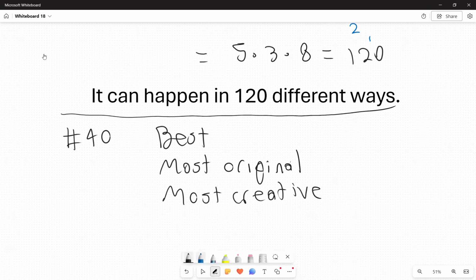And then you select 3 magazines, let's say magazines 2, 4, and 8. So you give the awards in this way. But then you can change the order. You can do 4, then 2, then 8, and that's a different situation. Or you could do 8, 2, and 4, and that's a different situation. So in this case, the order matters. So order is important.